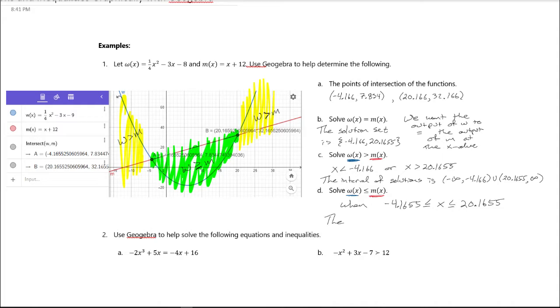So the interval of solutions is, and use hard brackets now, negative 4.1655 all the way up to 20.1655. Close our square brackets, and that's it. We're good.